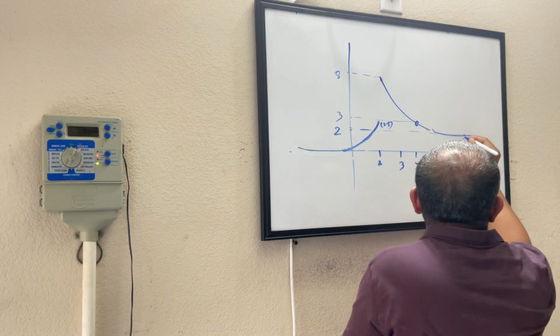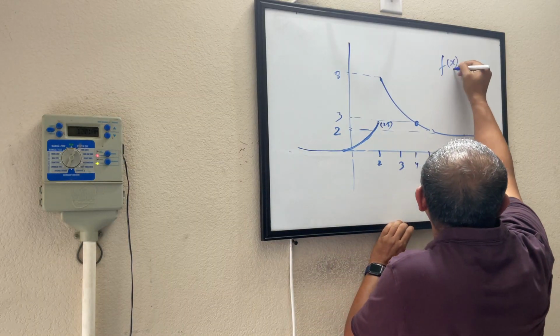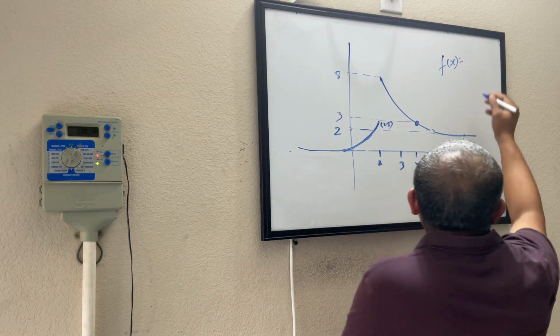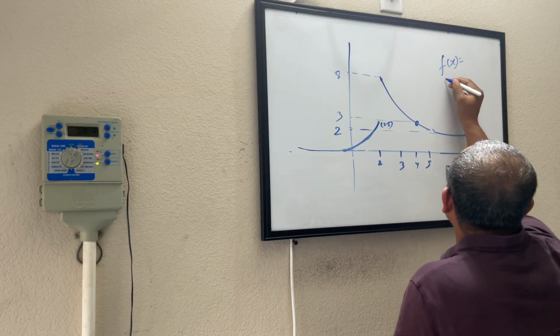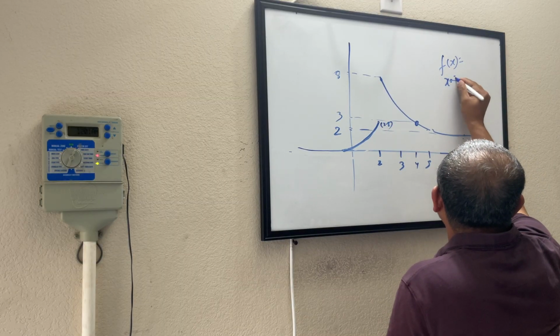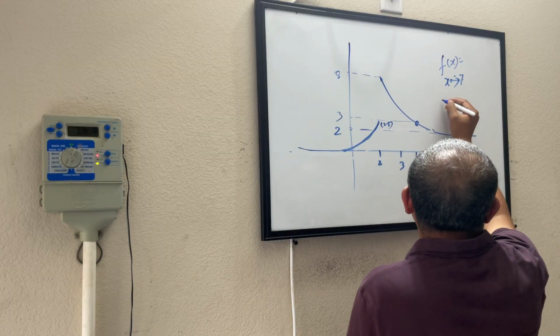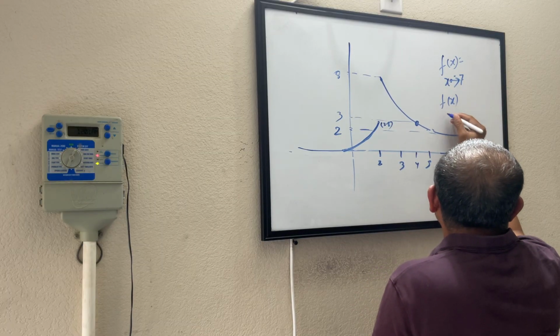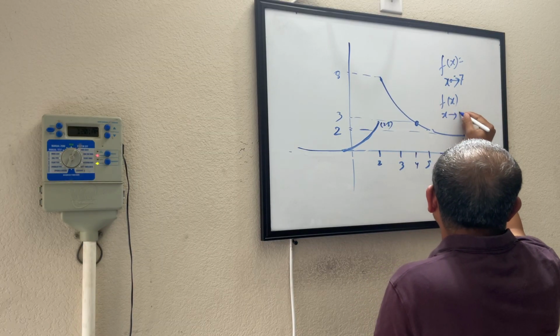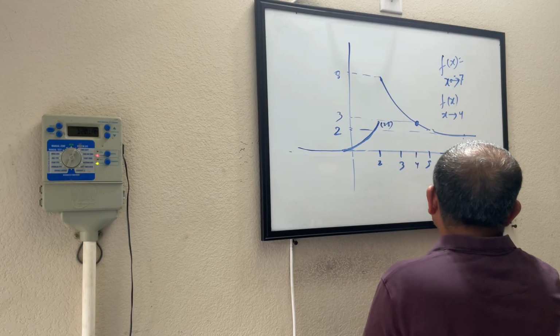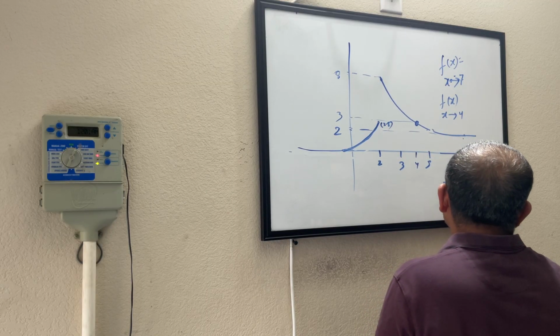So let me say this: f of x, with x approaching 7 as a limit, x approaching 4 as a limit, and x approaching 2 as a limit.